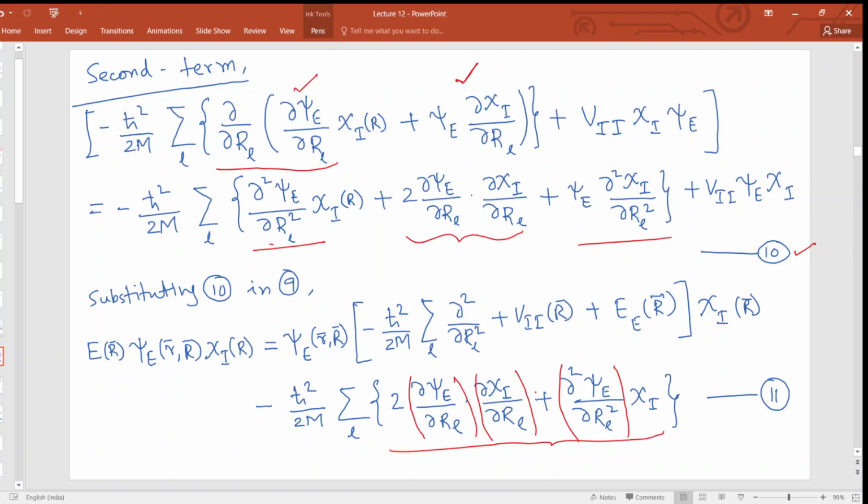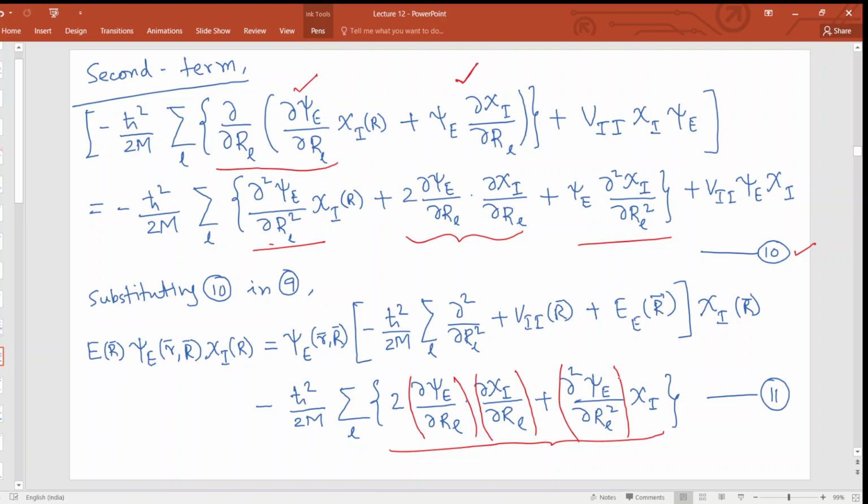See, we cannot make the second term 0 because chi I is the ionic wave function. So the ionic wave function will of course have some variation with the change in ionic coordinate, right? But the first term can easily be made 0, or it is giving very negligible contribution, so the product will also be negligible. The second term is rather the second derivative.